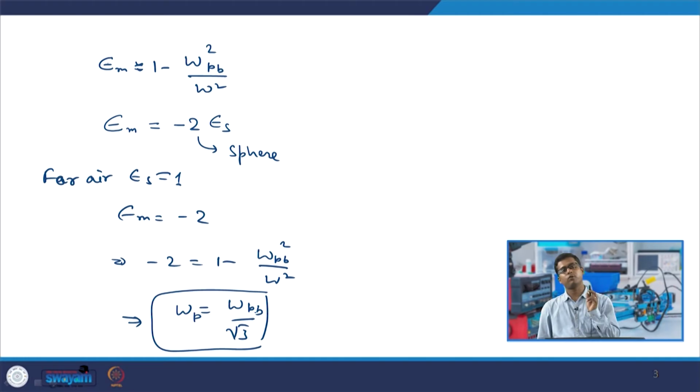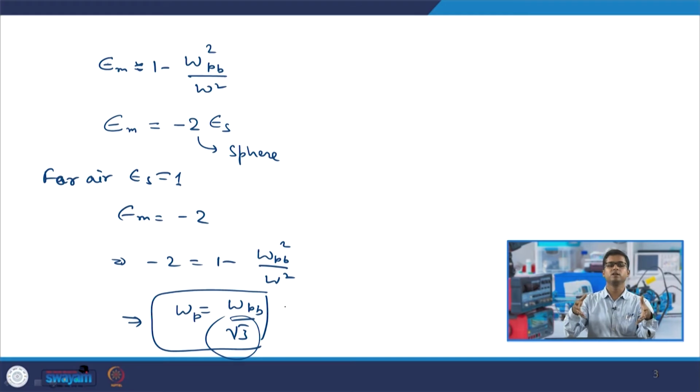That means that for metallic nanospheres, the plasma frequency becomes 1 by root 3 of the bulk plasma frequency. Suppose you have a bulk piece of metal, the bulk plasma frequency will be around 10 to the power 16 or so, but when you form a nanoparticle from this bulk piece, its plasma frequency itself changes to 1 by root 3 of this value. So, that is why you are getting something like this here.